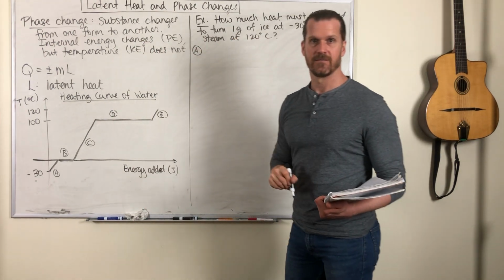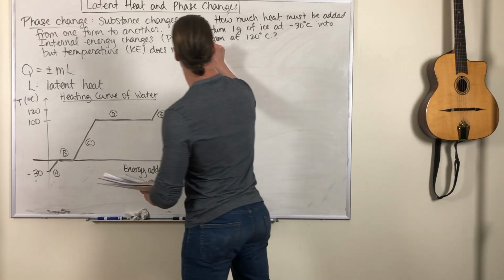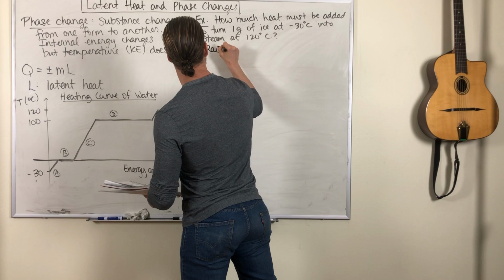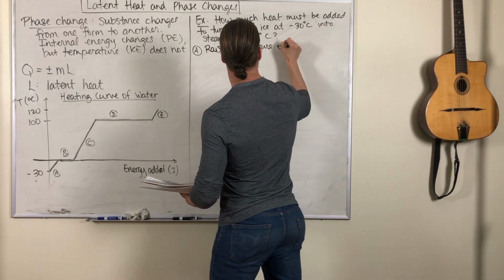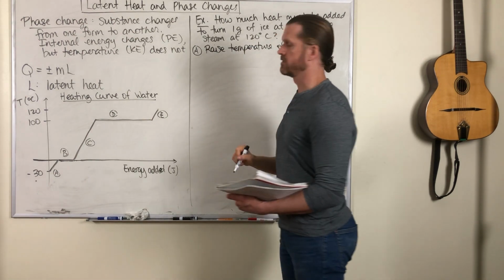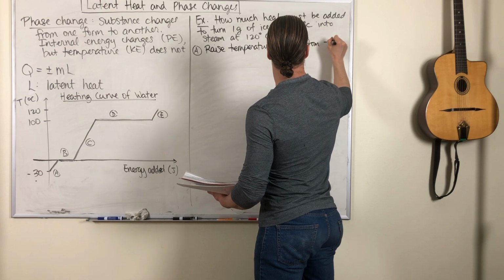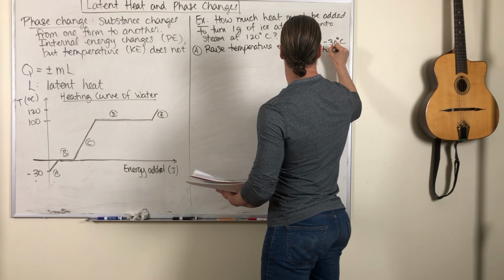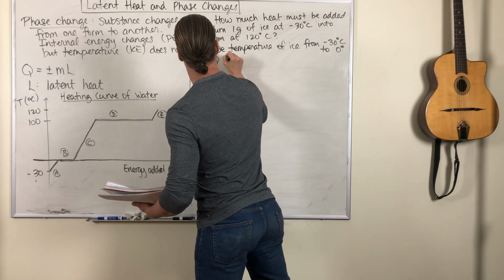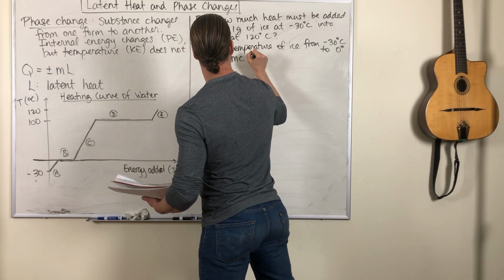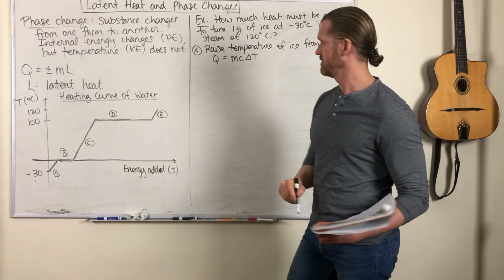In step A, we raise the temperature of the ice from minus 30 to 0. And so the heat required is mc delta T.